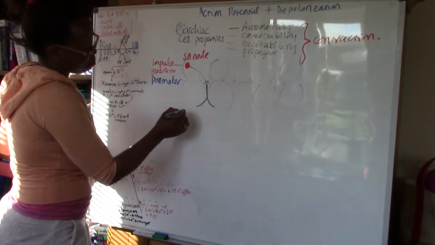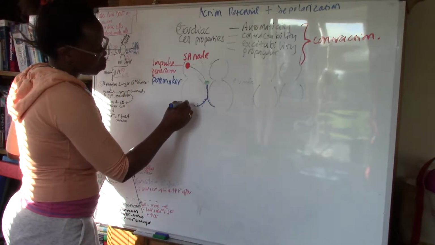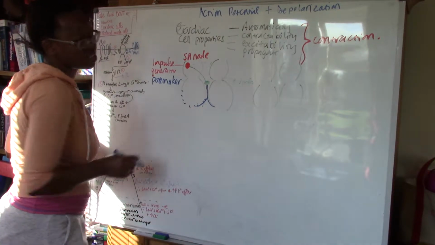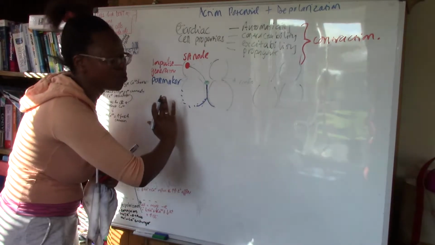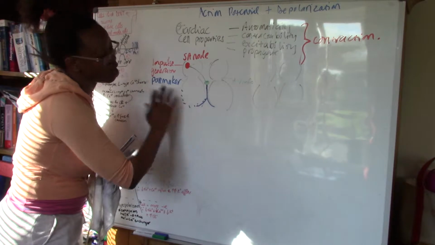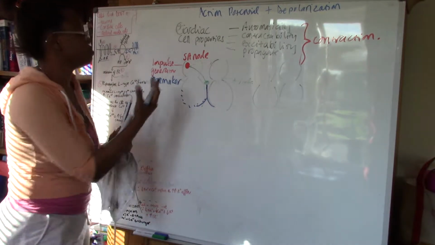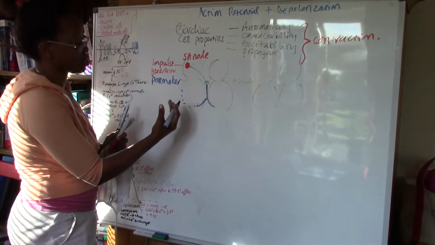The right bundle branch will then form the Purkinje fibers, which really are specialized muscle fibers that connect the impulse, or the electrical mechanism of the heart, into the actual cardiomyocyte.